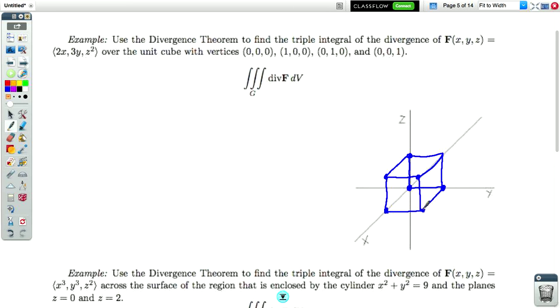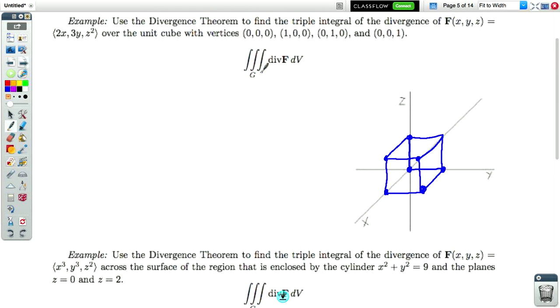So we're integrating this vector field over this unit cube, one step in every direction. So the divergence theorem would have actually asked you to find the double integral over the surface of this cube of the vector field dotted with its outward unit normal, which is just like this little unit vector outward in every direction. And the way that they say that is find the outward flux.